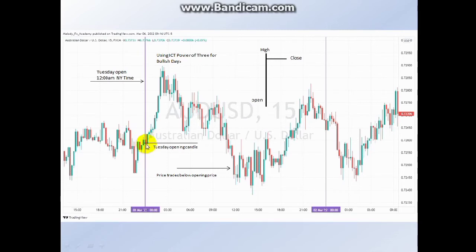This is the candle that opened this Tuesday. This is the Tuesday opening candle. You can see I drew it out in time.